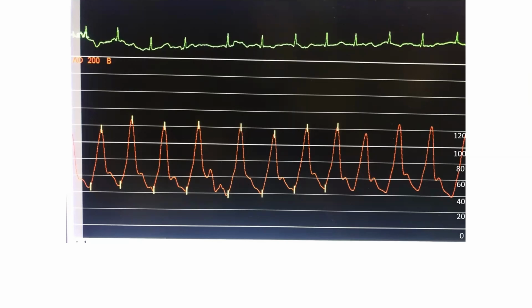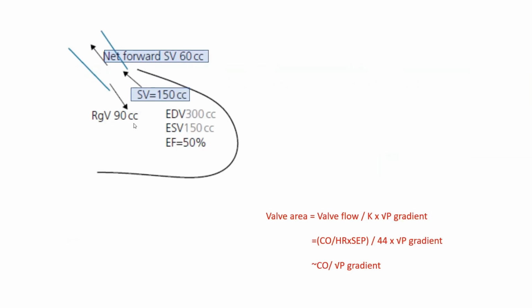And that's why I'm thinking mixed AS-AI. Now, when you have AI with AS, inherently, remember the Hakki equation: valve area equals cardiac output divided by square root of pressure gradient. So for a fixed valve area, when the flow increases, the pressure gradient increases in a squared fashion.